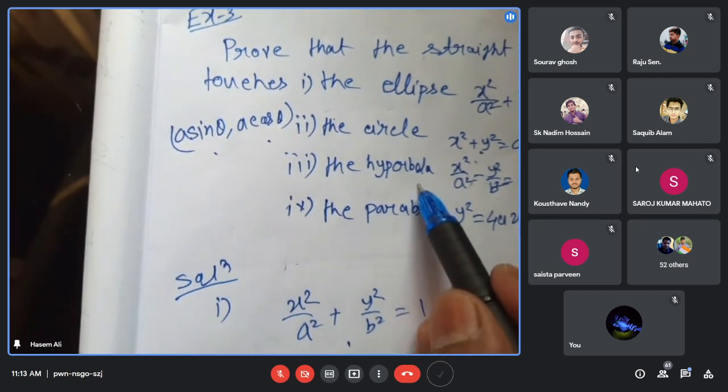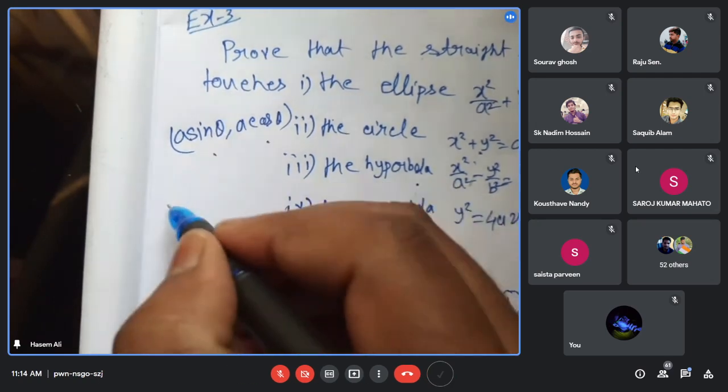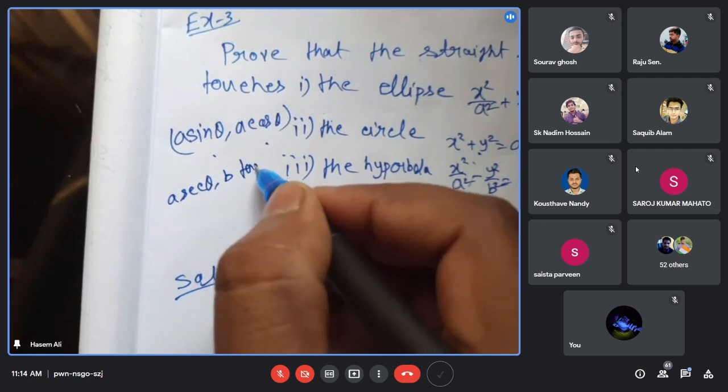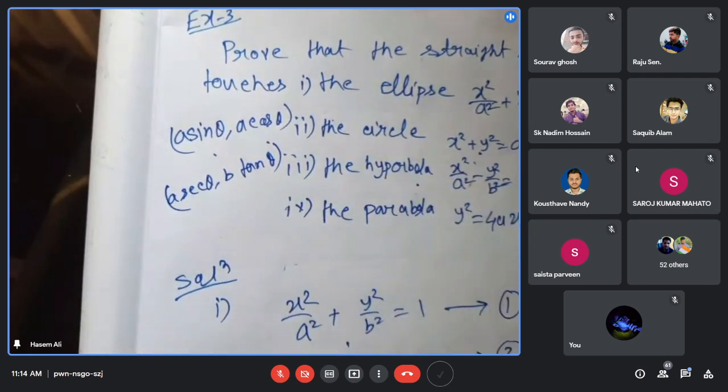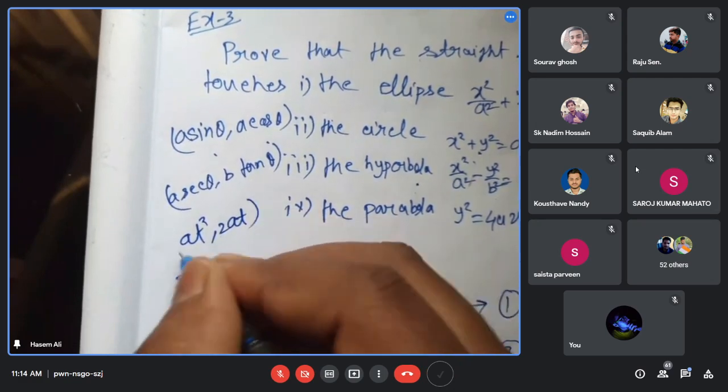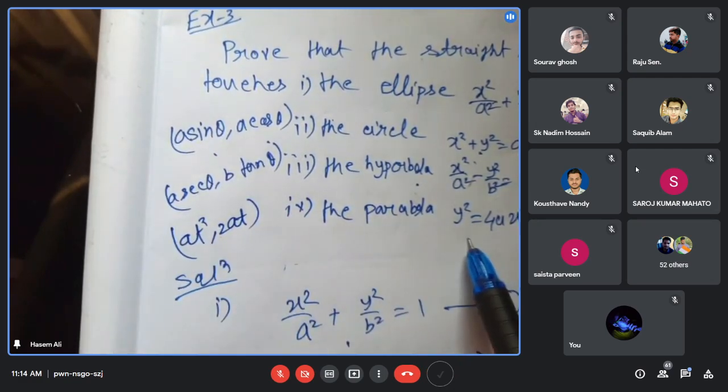And for the hyperbola, (a sec theta, b tan theta), and for the parabola, (at², 2at), for the form y² = 4ax.